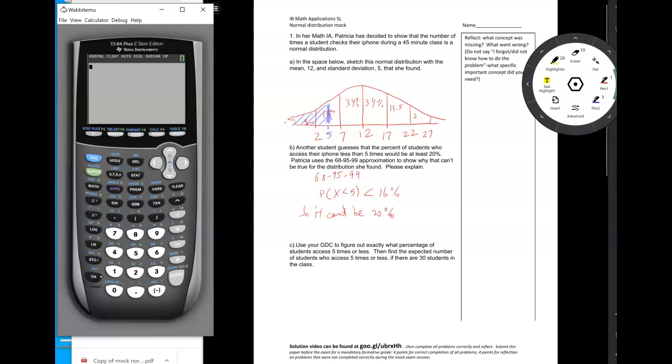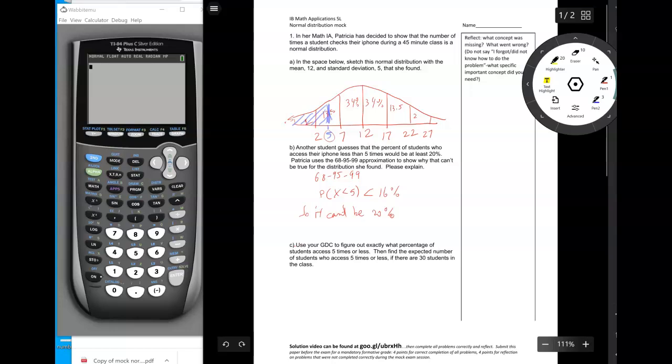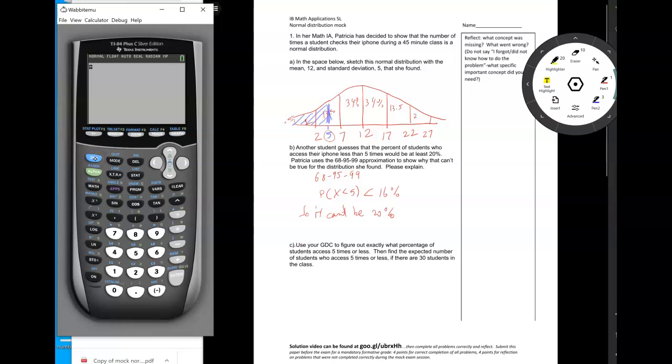And of course, if we know the numbers on the x-axis and we want to know the area, we are going to use normal CDF. So we go to second distribution, and then to normal CDF. The only two we ever use in this unit are normal CDF, which is number 2, and inverse normal, which is number 3. We never use number 1, okay?